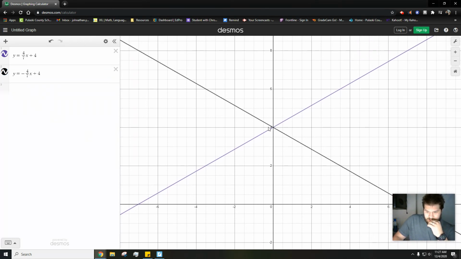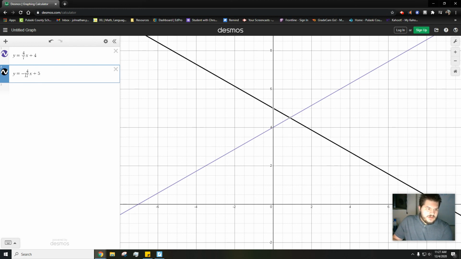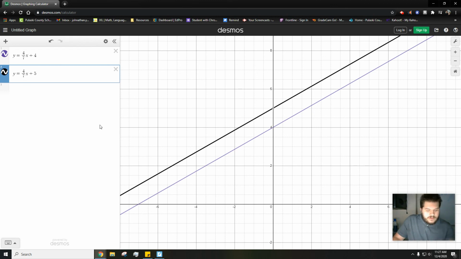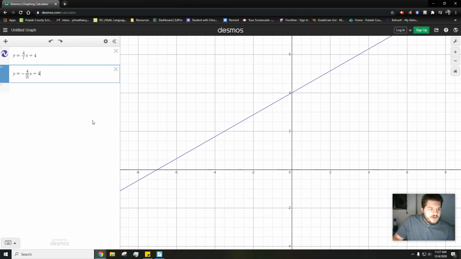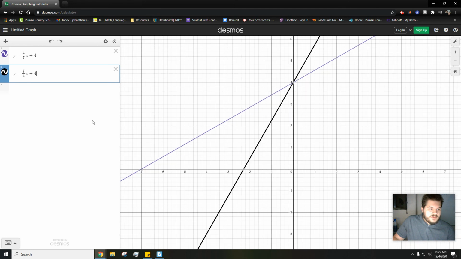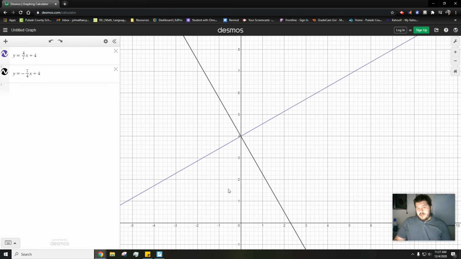Looks a bit better, but we can see that this angle is a bit bigger than that one, so they're not all 90. And if I were to get rid of that negative sign, they'd be parallel. So basically, they have to be opposite reciprocals in order to meet the criteria of being perpendicular. All right, if you have any questions, just let me know.